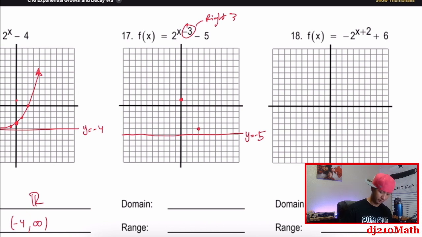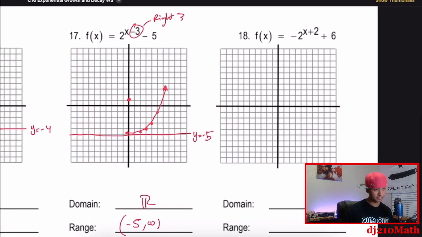And then left and down 1/2. And then right up 1, right up 2. Right, do it enough and you'll start to get quicker. Okay, all real numbers. And then horizontal asymptote up to infinity. All right, last one.